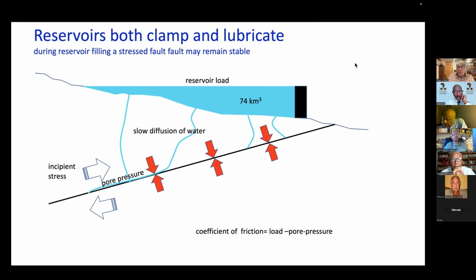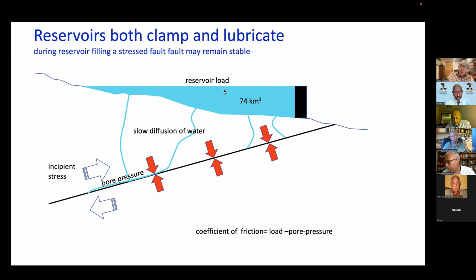It's certainly above 100 meters. So that's acting as a pump that's pumping these fluids down here. And now here's the problem. You have a load clamping the fault. You have fluids that have diffused down into the fault, lubricating it and moving it towards failure.